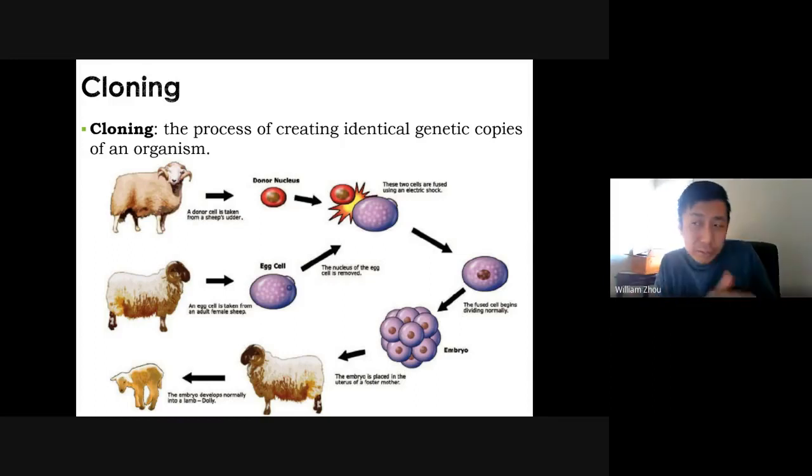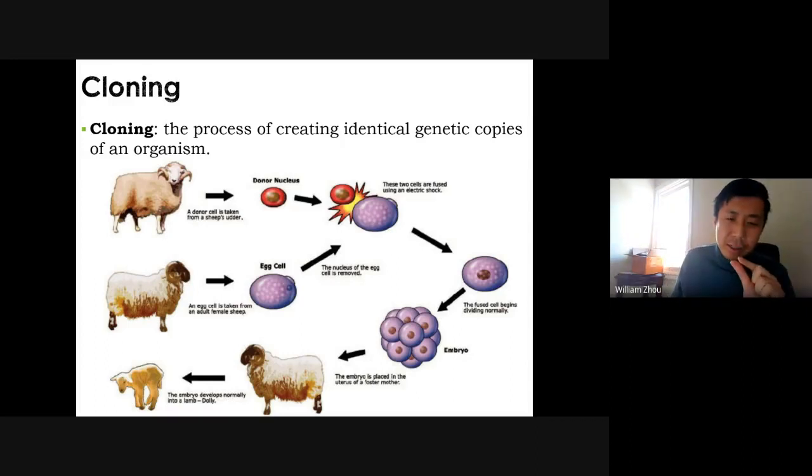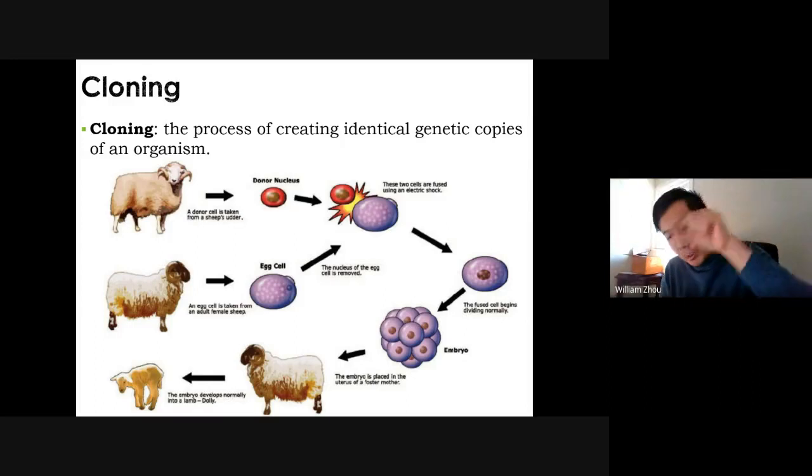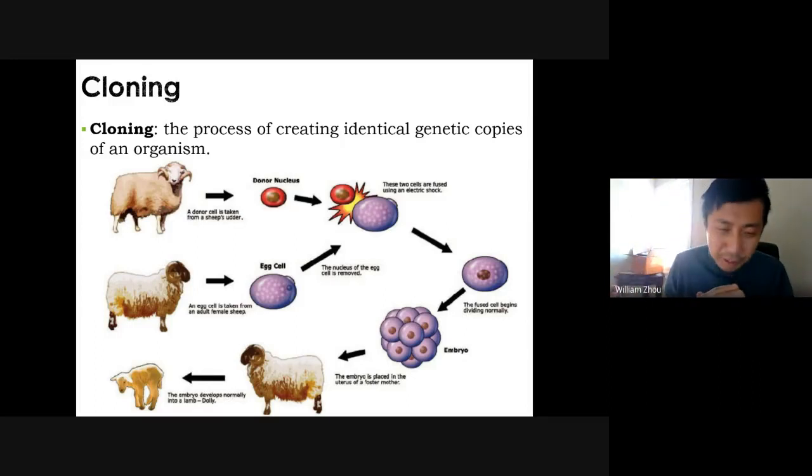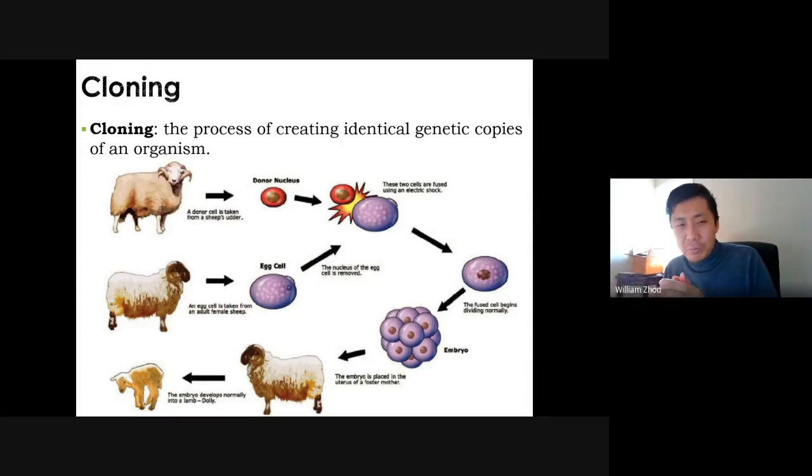If you want to clone somebody, in this case, that sheep, you take out the DNA from one of her cells, you find a surrogate mother, take one of her eggs, remove the DNA, and you put in your DNA, and you put it into the mother so that the mother is now pregnant with a cell that came from another sheep entirely.